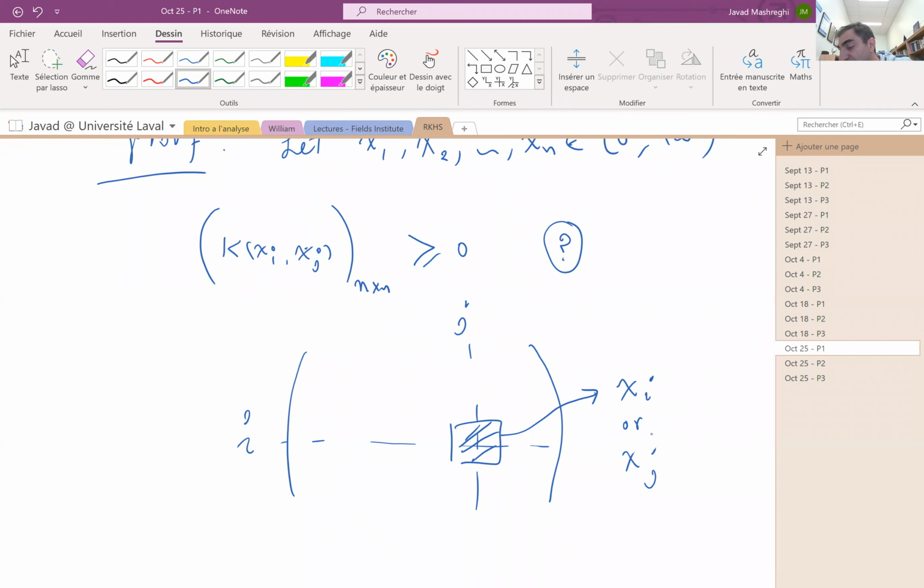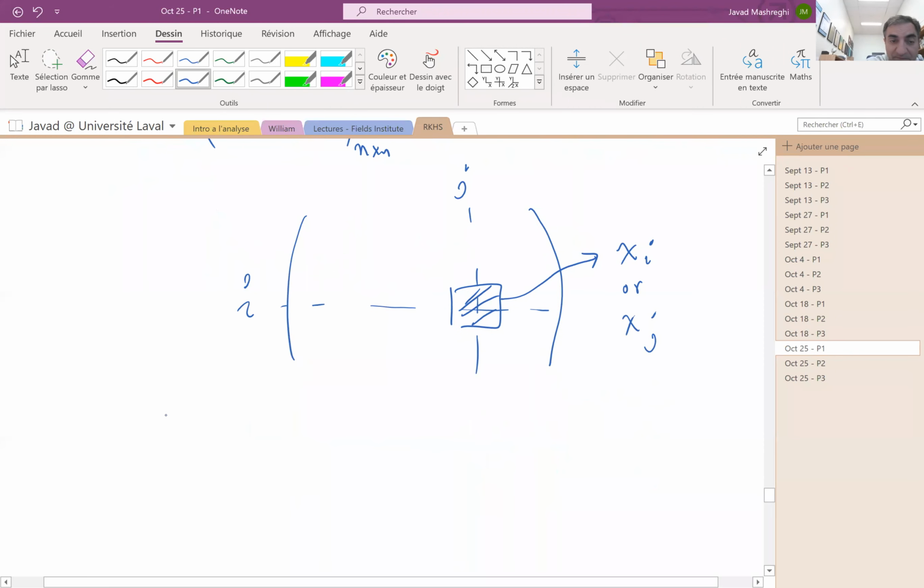So to give it a bit of order, we can say, without loss of generality, x1 less than x2 less than x3 and up to xn.